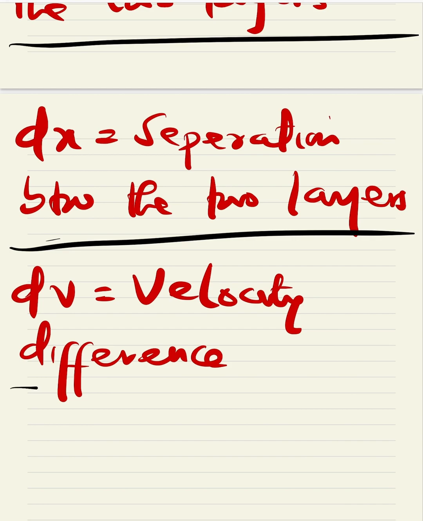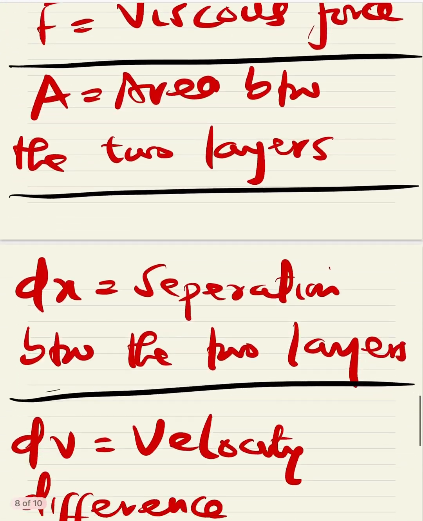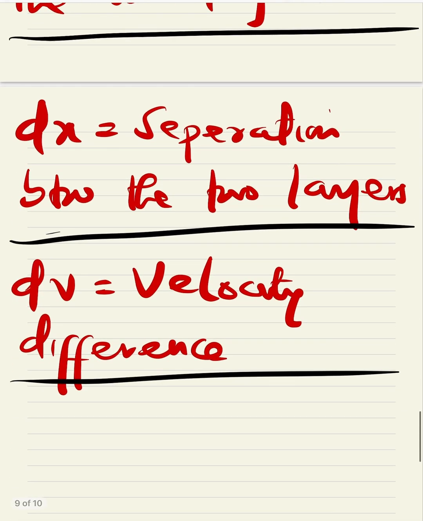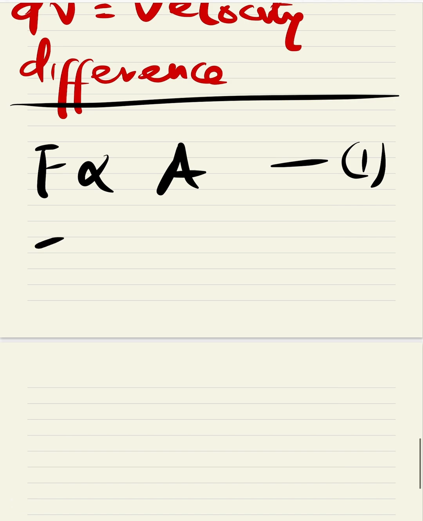So knowing all of these things, as I'm writing them, those of you that are very vast with physics ought to have thought of a formula that relates the viscous force, the area between the two layers, the separation between the two layers, and the velocity difference. The formula says that F, the viscous force, is directly proportional to the area, and that same viscous force is directly proportional to the velocity difference.